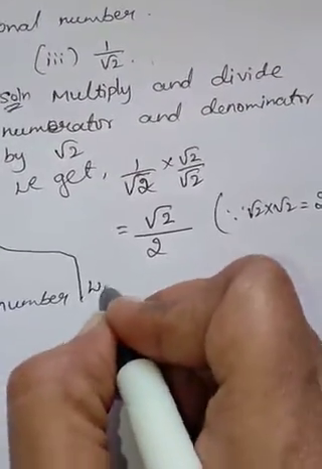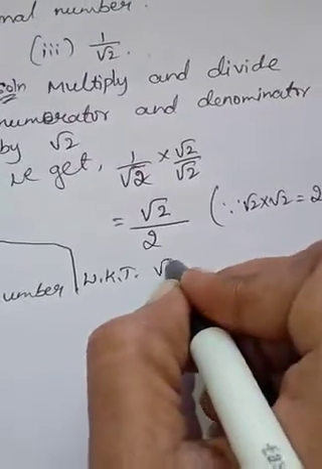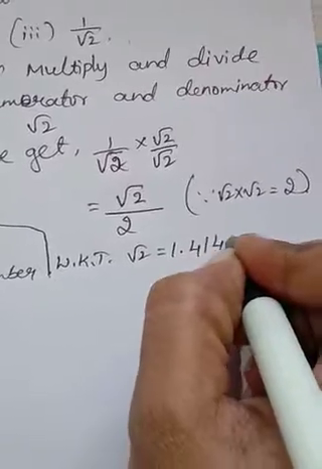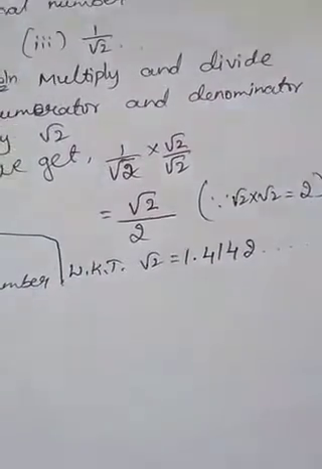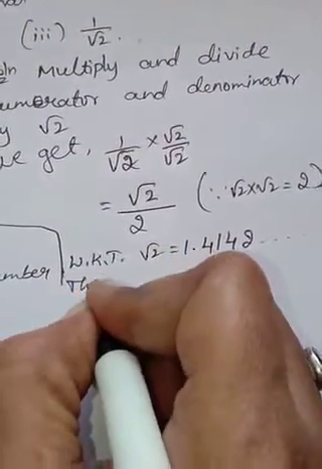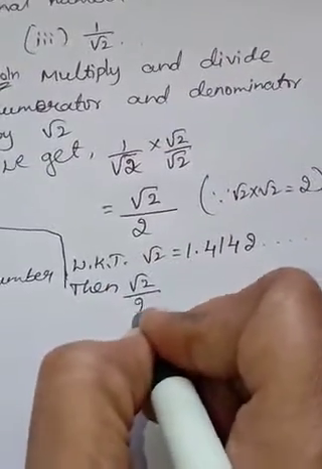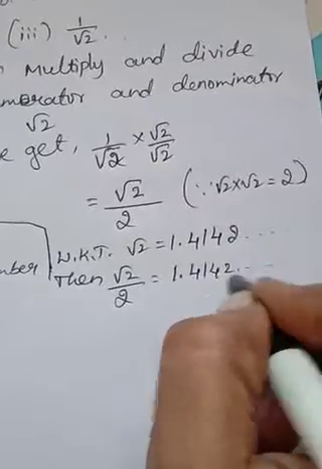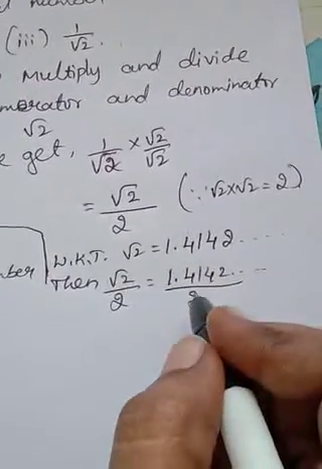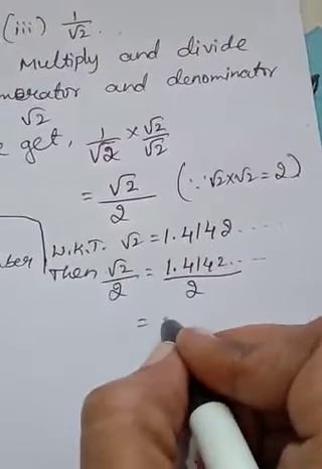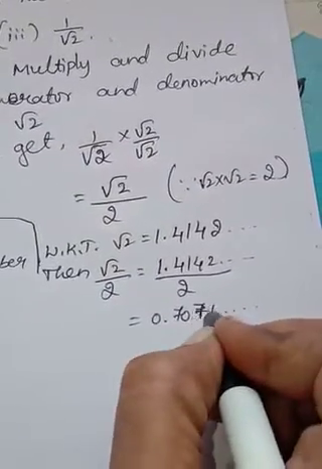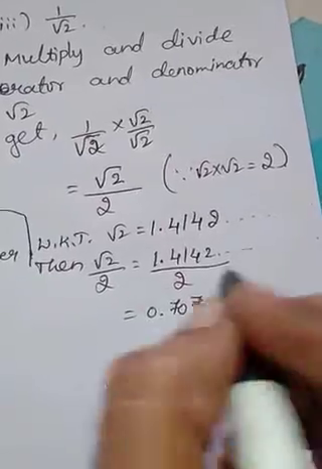Okay, then we know the value of root 2 is 1.4142 and goes on. Then root 2 by 2 we have, that means 1.4142 divided by 2. By dividing this number by 2, I am going to get the answer as 0.7071 and it goes on, it never ends.